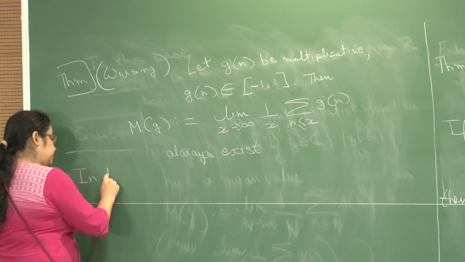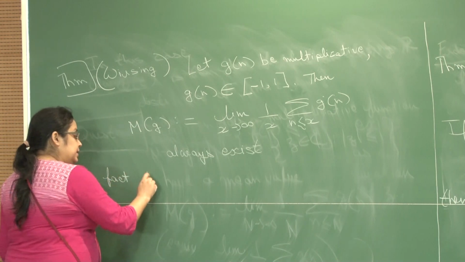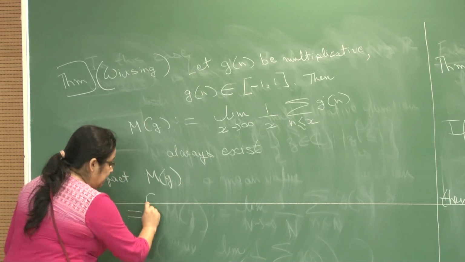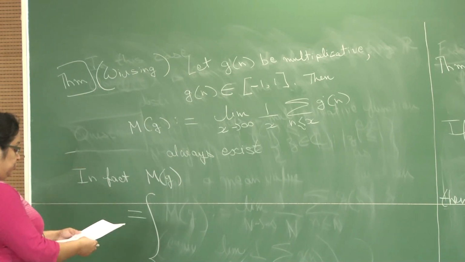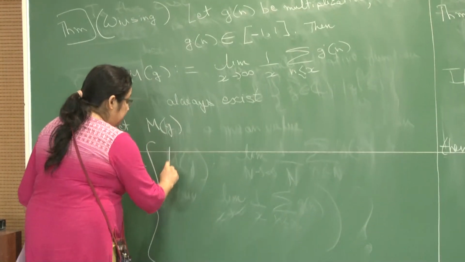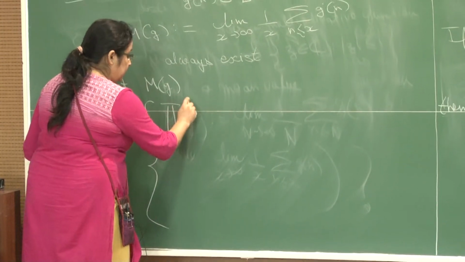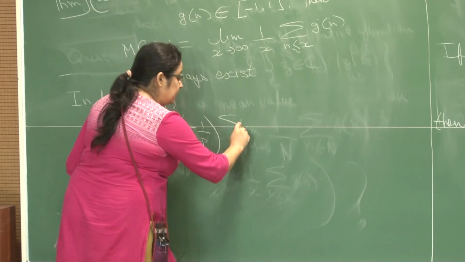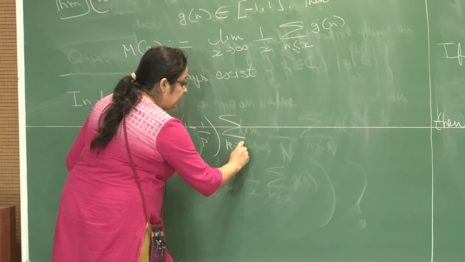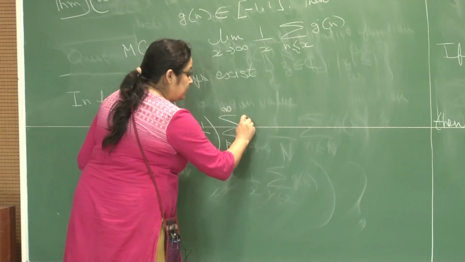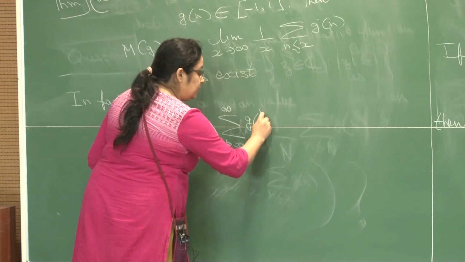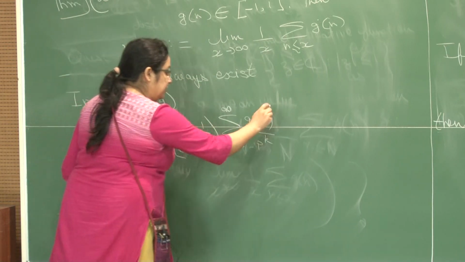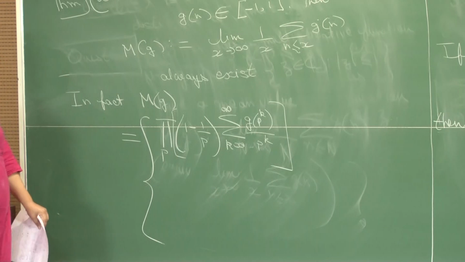Moreover, this m of g is exactly equal to the following product: the product over p of 1 minus 1 over p times the summation k going from 0 to infinity of g of p raised to the k over p raised to the k. This whole thing is the Euler factor. Okay.